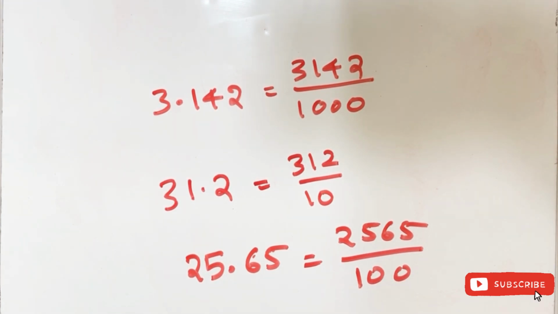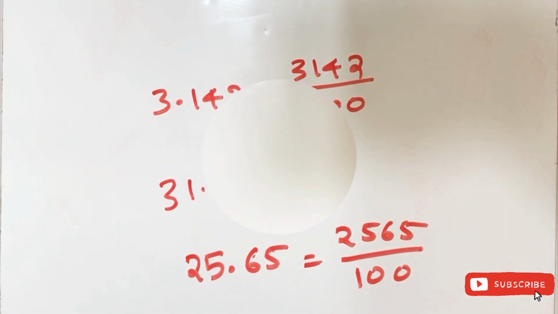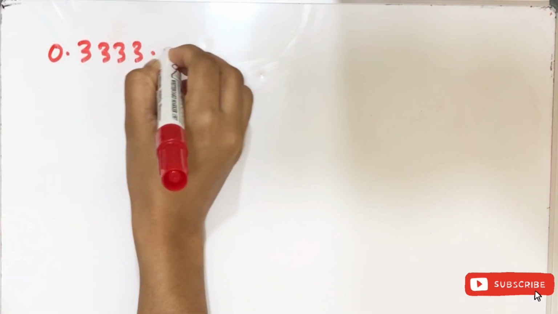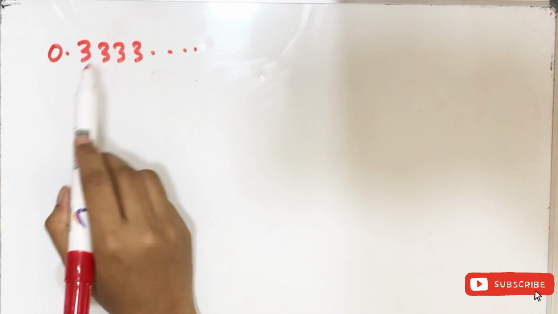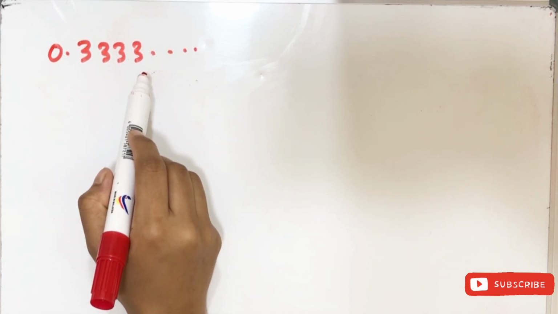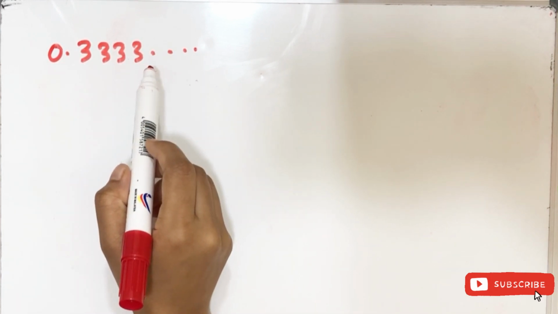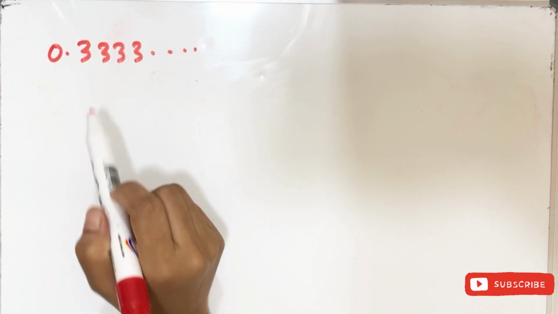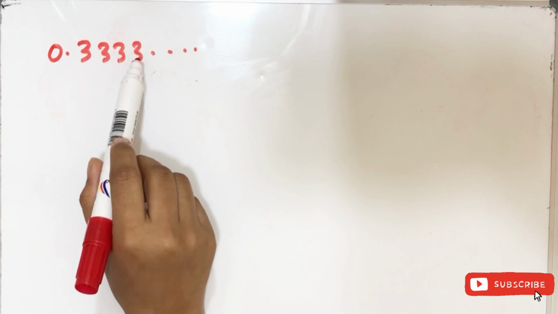Next, we can see how to change non-terminating decimals to fractions. So, for a simple example, take 0.3333, etc. Okay, this is a non-terminating decimal. How can we express this in an integer over another integer form? Here see, 0.333.